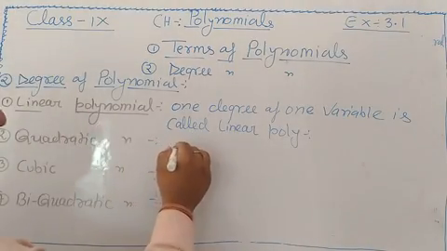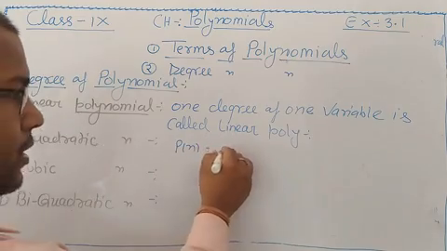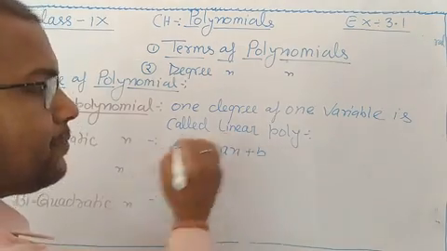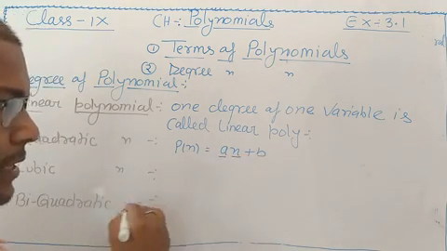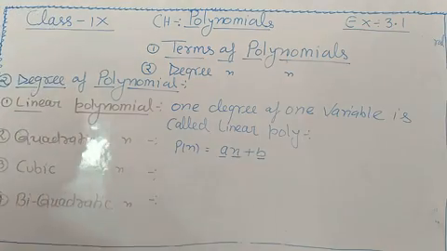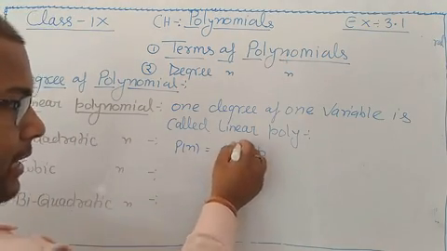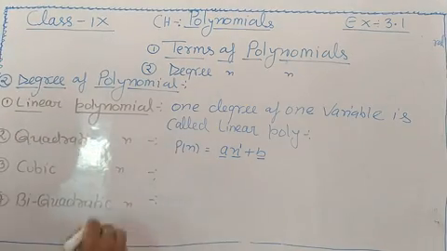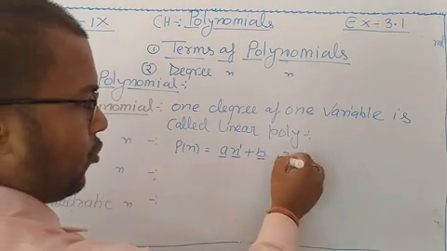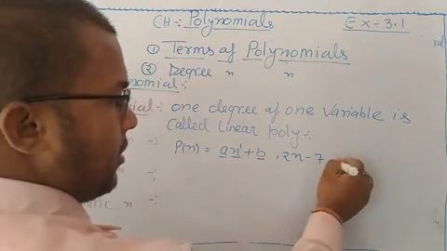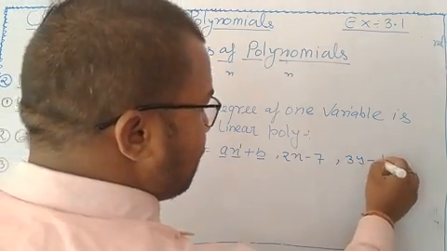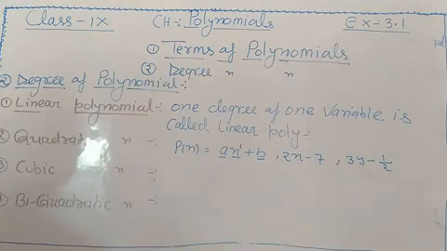For example, p(x) = ax + b. A is a constant, x is the variable, and b is also a constant. One variable to the power 1 is called a linear polynomial. 2x − 7 is a linear polynomial. 3y − 1/2 is a linear polynomial.